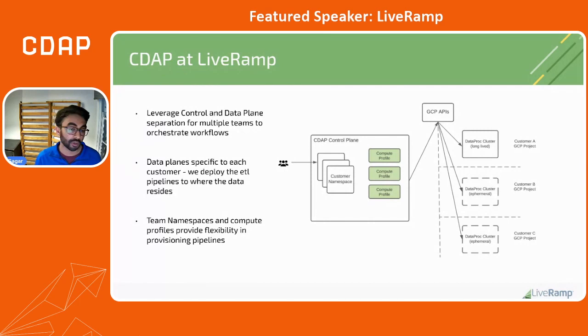That is, we want to bring the ETL to the data, but not actually move the data itself. And this is where CDAP's concept of namespaces and compute profiles comes in handy, because you can map different namespaces to teams, and then you have different compute profiles that actually determine on which customer environment you're operating on. That can be in GCP, it could be in a different cloud environment, but that separation gives us a lot of flexibility.